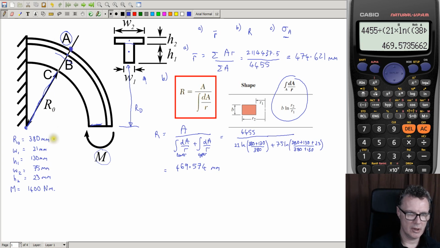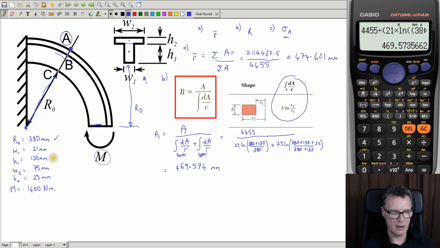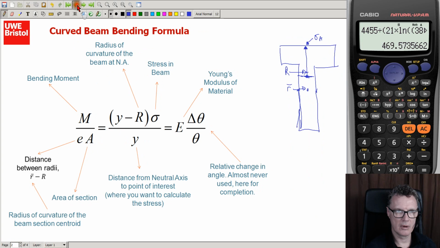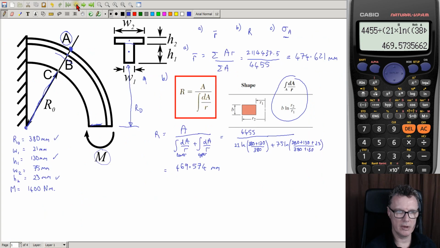Well, that would be the 380, the 130, and the 23 added all together. So 380, 130, and 23.